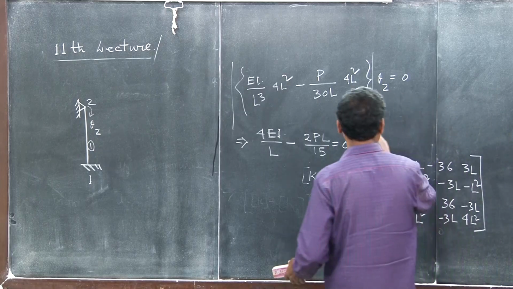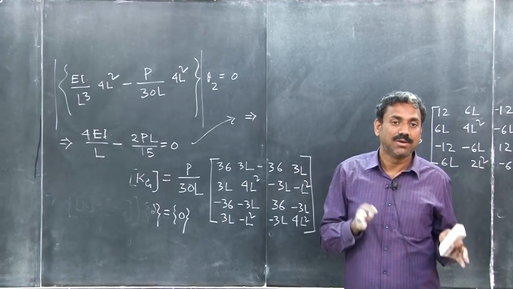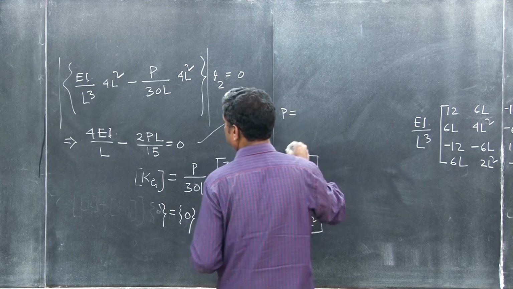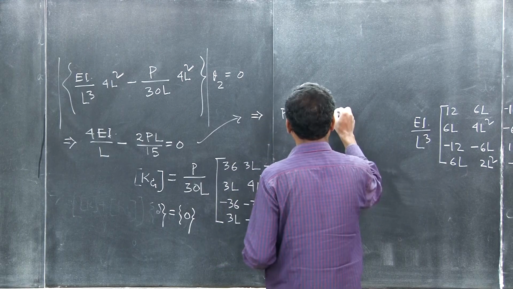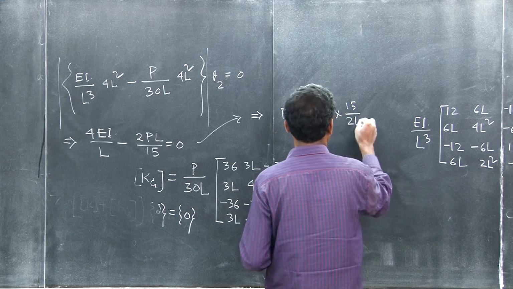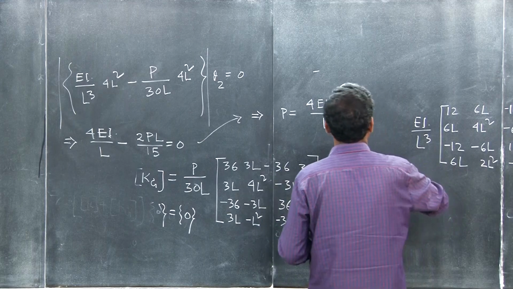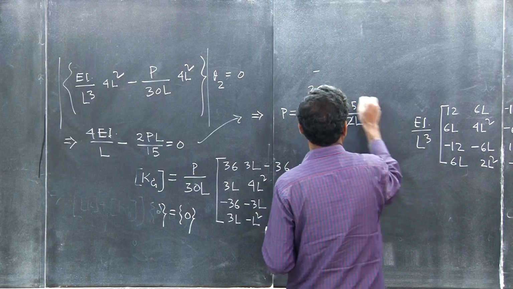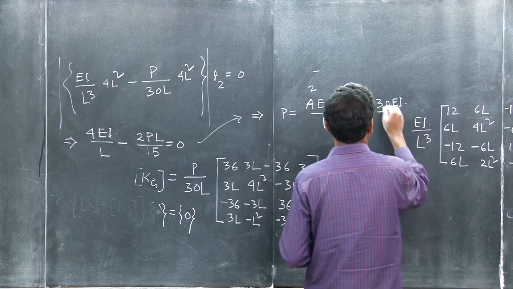Is that fine? What you are getting here, you do not require to solve for the eigenvalues because it is only a single term approximation. So here P will be 4 EI by L multiplied by 15 by 12, and so it is 30 EI by L square.